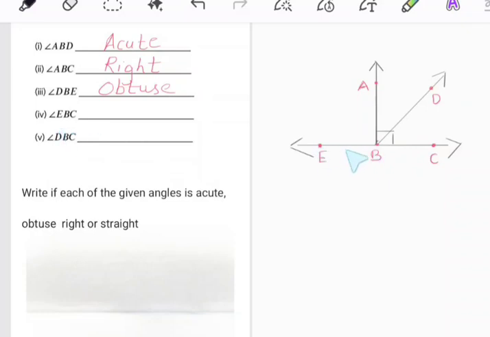Next, angle EBC. The points E, B, C lie on a single flat line. So this is a straight angle. Next, angle DBC. It is smaller than 90 degrees, so we can write it as acute angle. Okay.